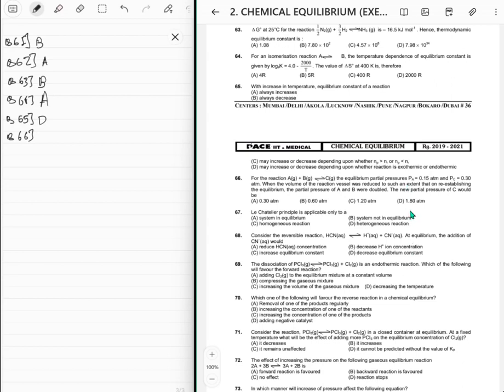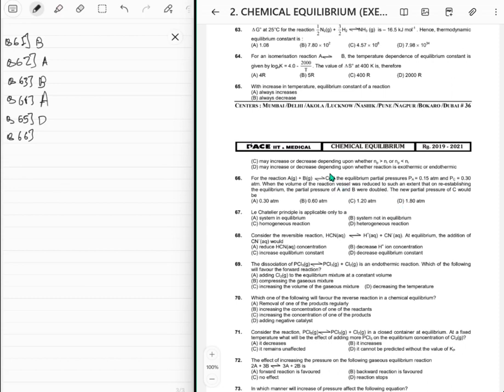The new partial pressure of C would be... Hey, both of them were doubled and they were the same ratio, I think. But this is A plus B, so how can it be in the same ratio?